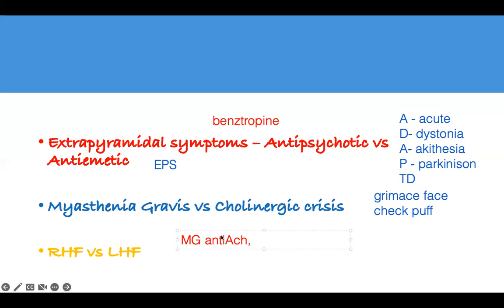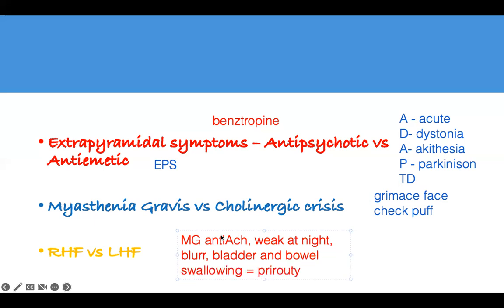Therefore, even though they have acetylcholine, it cannot bind. They're strong during the day and weak at night. They have vision problems, and then bladder and bowel problems. The problem that usually is very important is swallowing. If they have a swallowing problem, this is a priority patient.